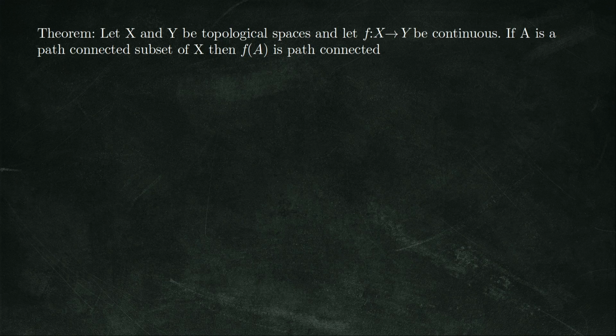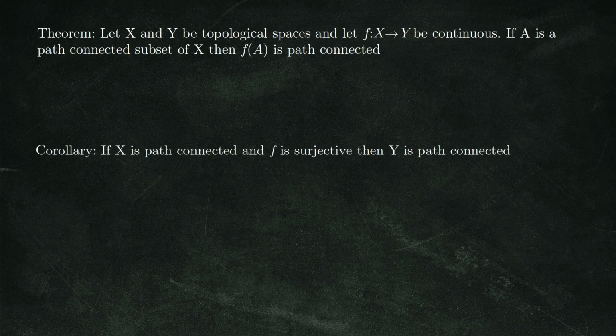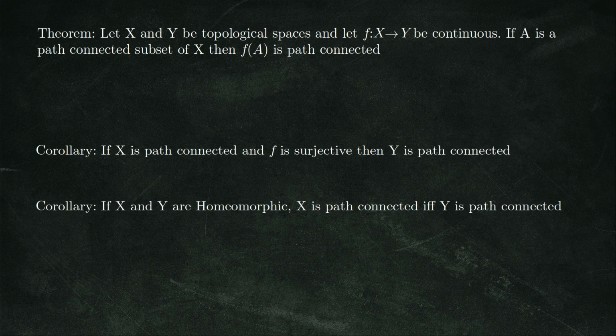Okay, our first corollary is that if X is path-connected and if f is surjective, then Y is also path-connected. And secondly, if X and Y are homeomorphic, then X is path-connected if and only if Y is path-connected.